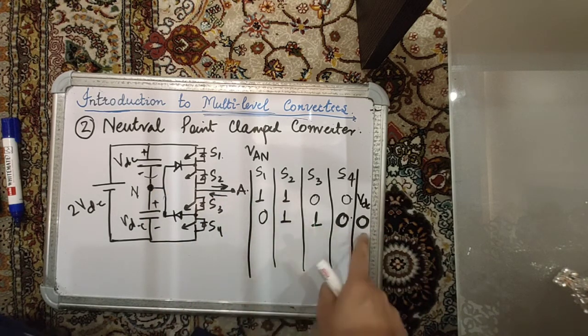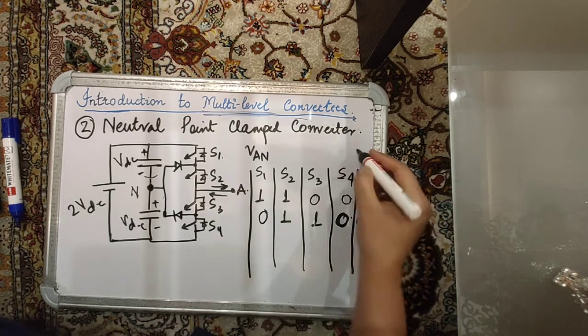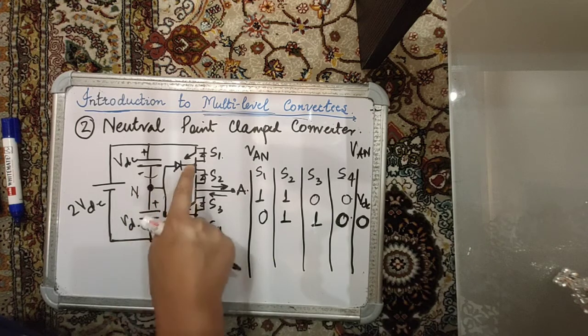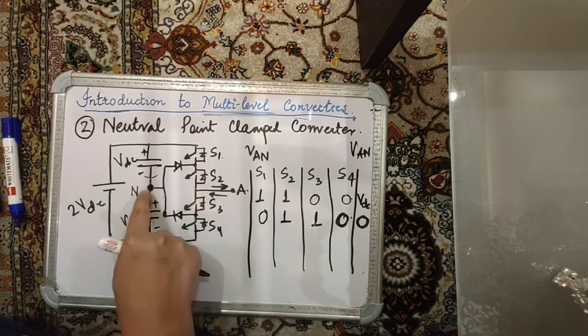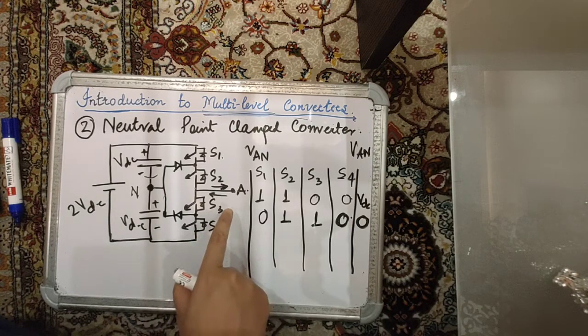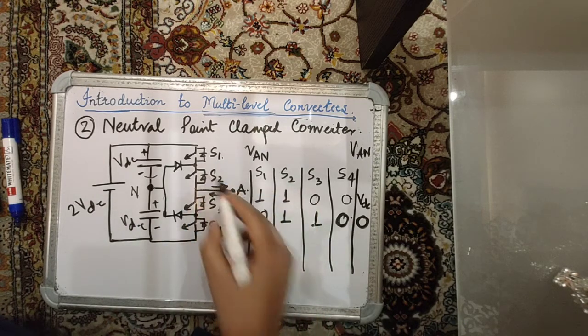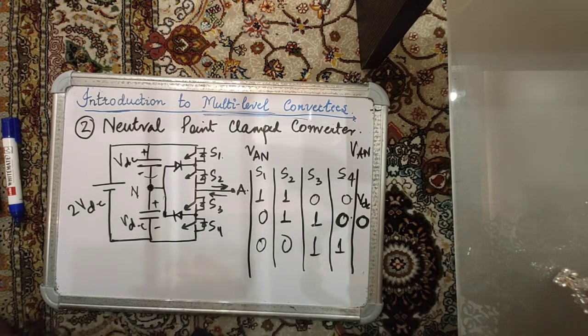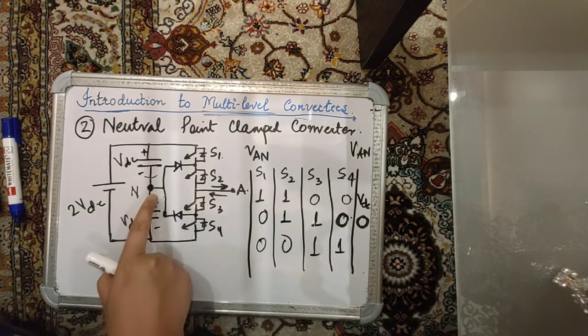In this particular switching configuration, the output voltage VAN is 0 whether you have positive current or negative current. And finally, the last switching state in this converter is when S1 and S2 are both off and S3 and S4 are both on. So if you observe, you have the N point here.